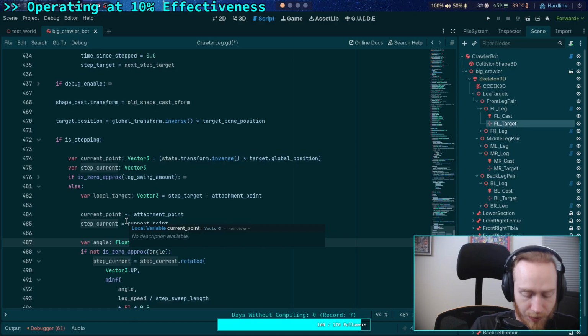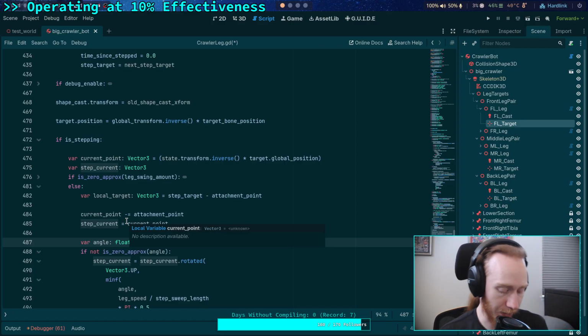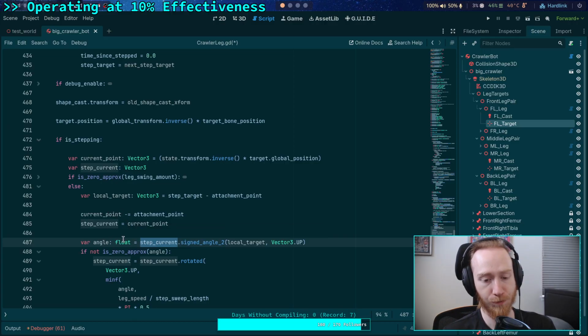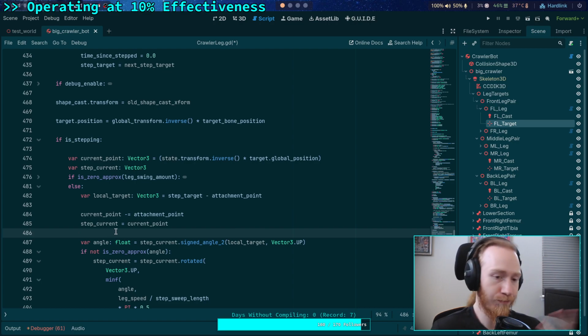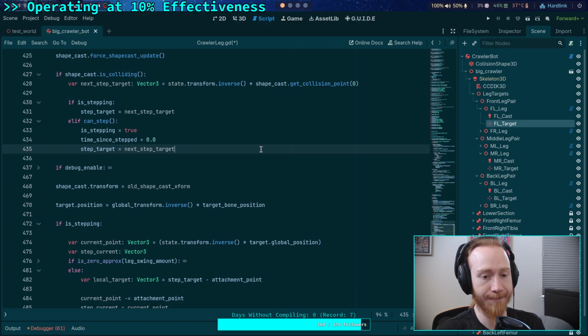Is there a way I can do this where I only calculate that one time? I'm only calculating a signed angle to... Not really. I just have to do it twice.